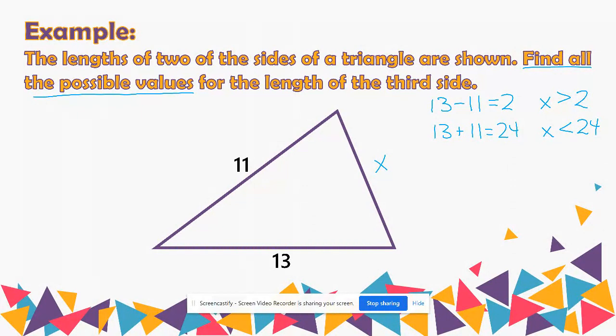So the way you would write this is you would put x in the middle, in between 2 and 24, and then you use these greater than, less than symbols. And again, you just use greater than. You don't use greater than or equal to. x cannot be equal to 2. It cannot be equal to 24. It has to be bigger than 2 and less than 24 for it to work and for it to be a part of this triangle.